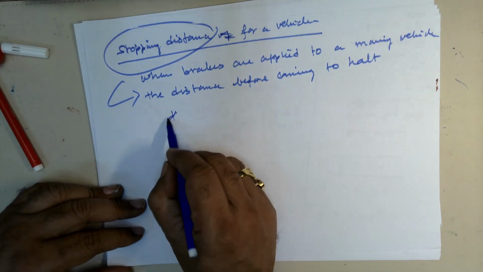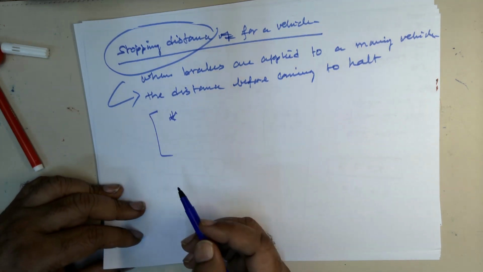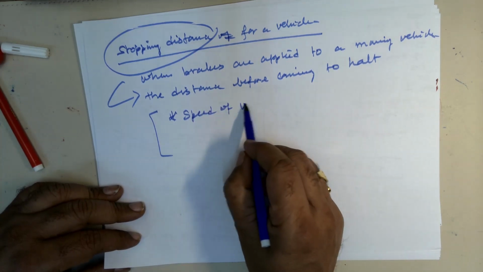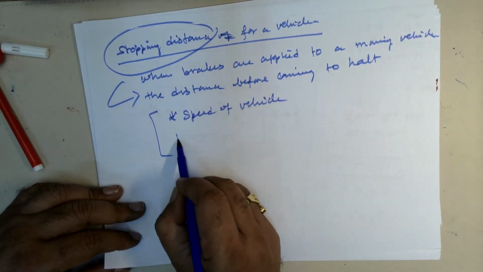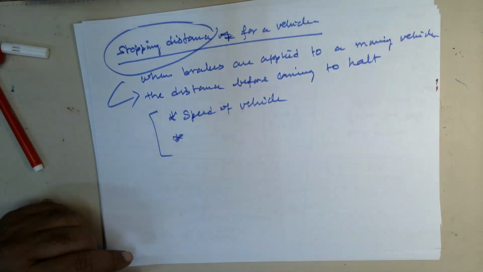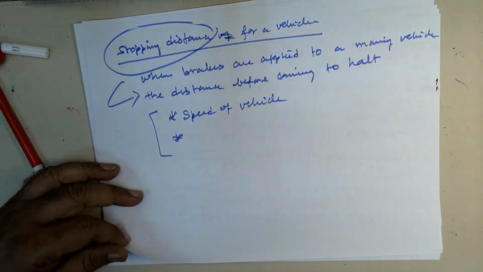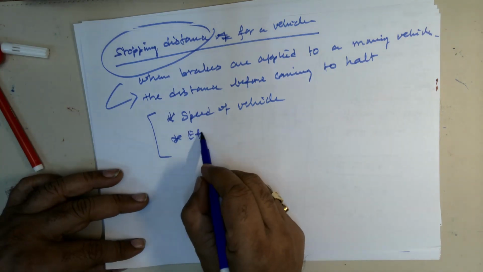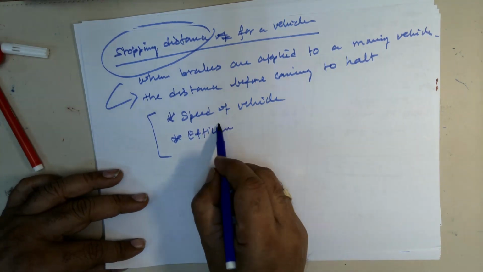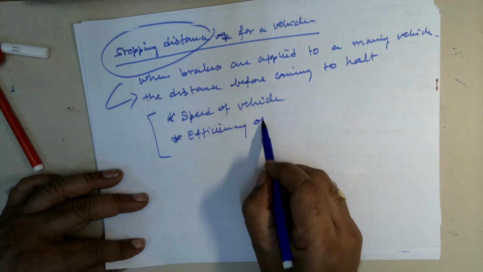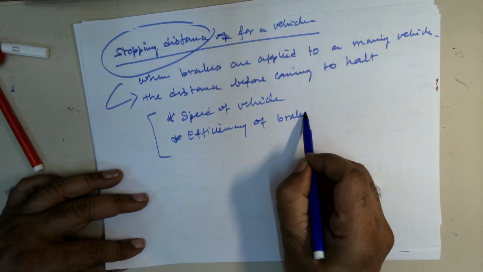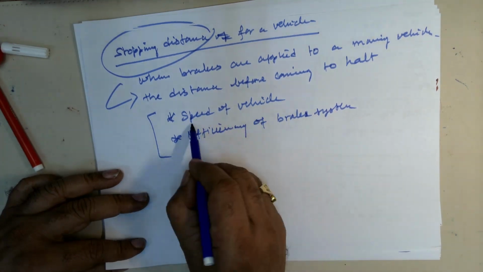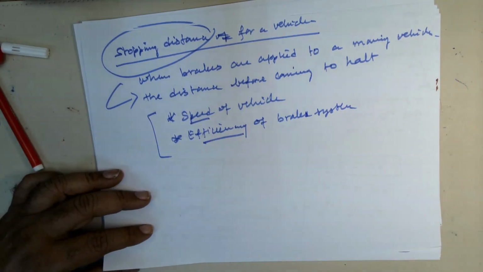Please note down what are the factors influencing here: the speed of the vehicle, and efficiency of the brake system. So these are the key points.